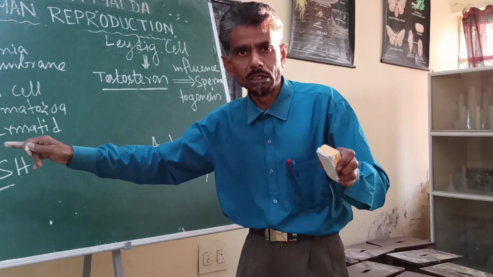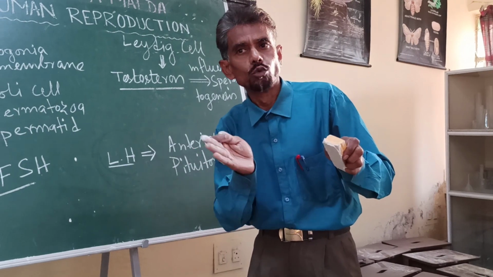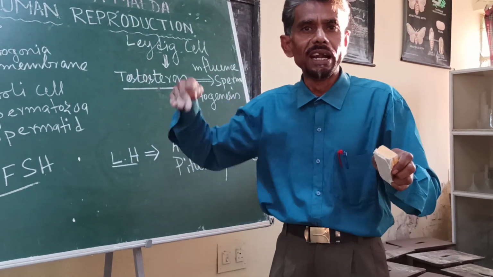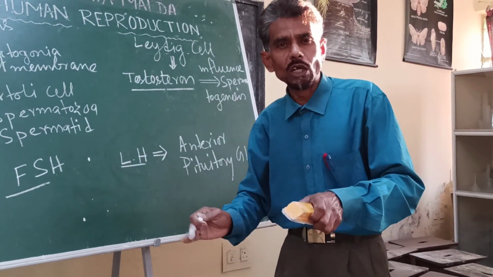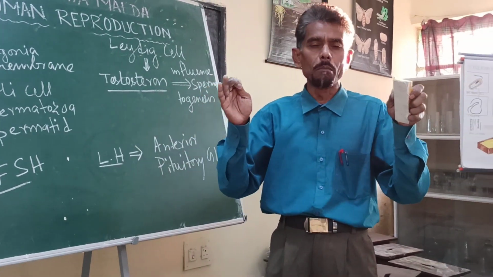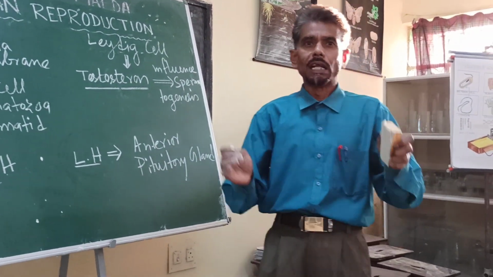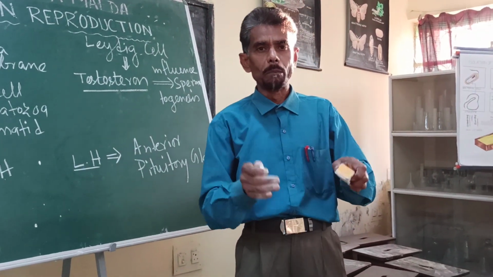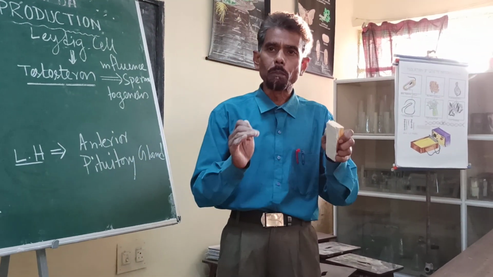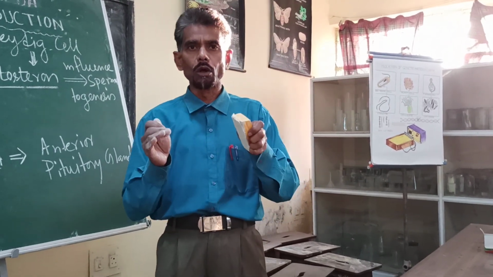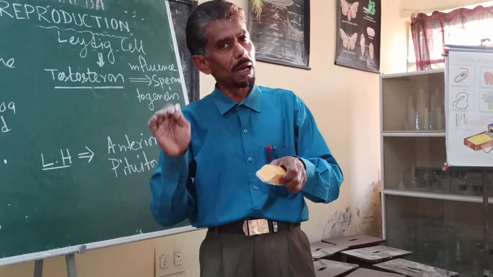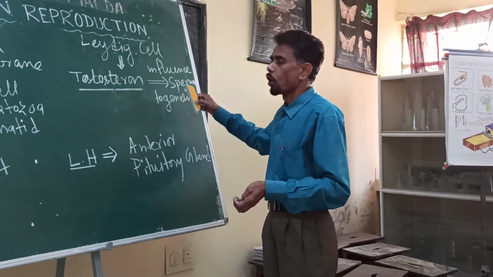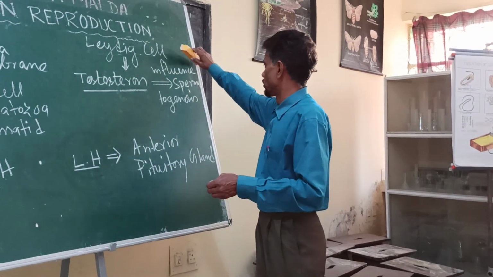So with this concept, now we shall switch over to the next process, that is the process of spermatogenesis, which is a part of gametogenesis. In case of male, the gamete sperm production is what we call spermatogenesis.